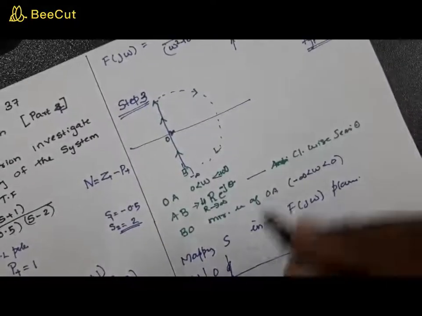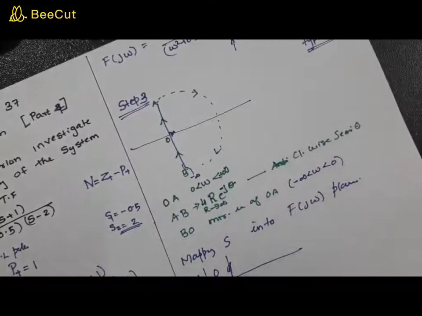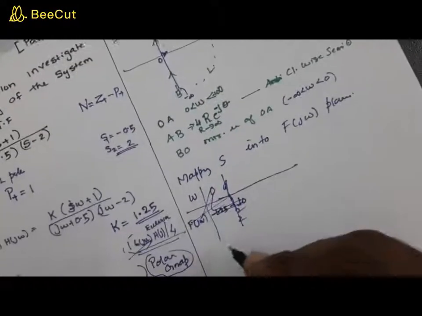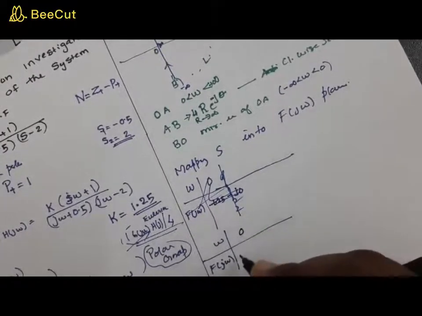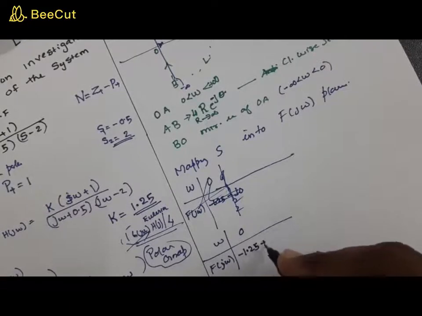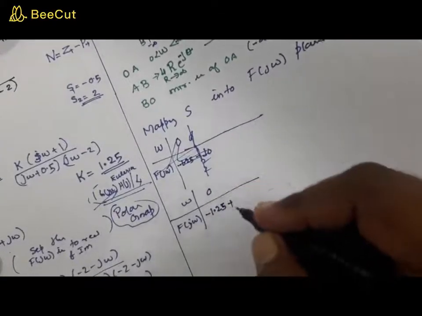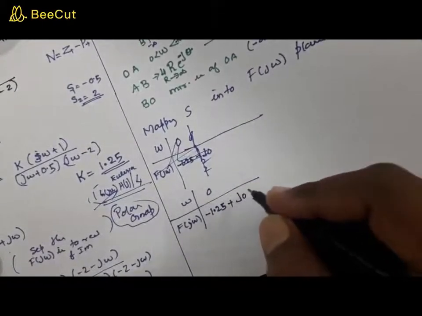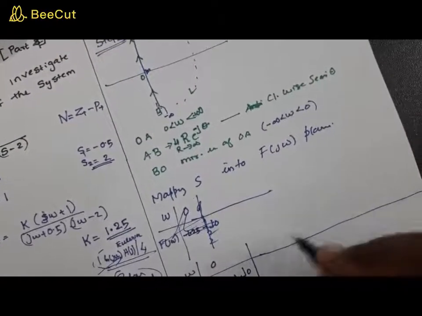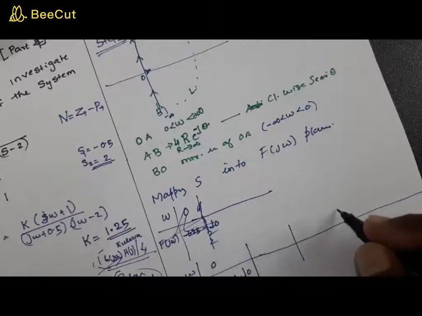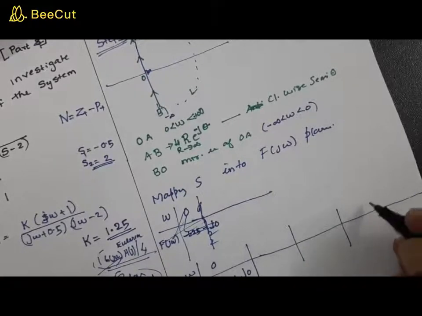I'll be rewriting this: ω and F(jω). When you put ω equal to 0, what you get is minus 1.25, and this minus and this minus gets, so this becomes plus j0. That's the first point.